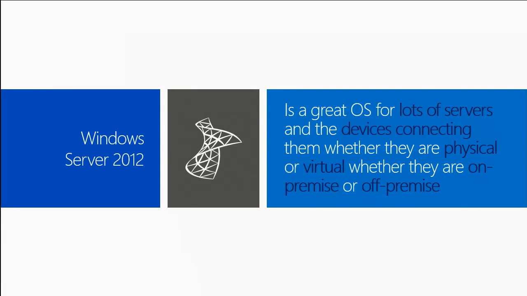In order to do that, we had the challenge to manage Windows Server at multiple scales, which needs to be automated, not just on physical on-prem, but off-prem, whether virtualized or physical, and done in a very automated way. So Server 2012 has been really investing on that.